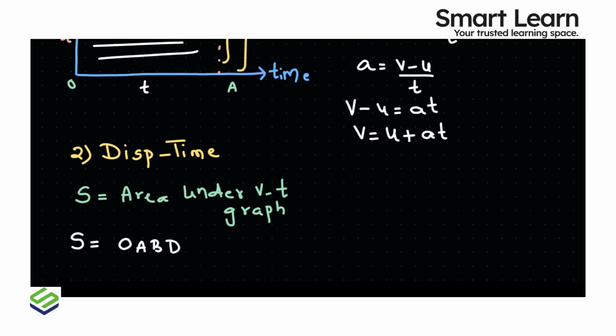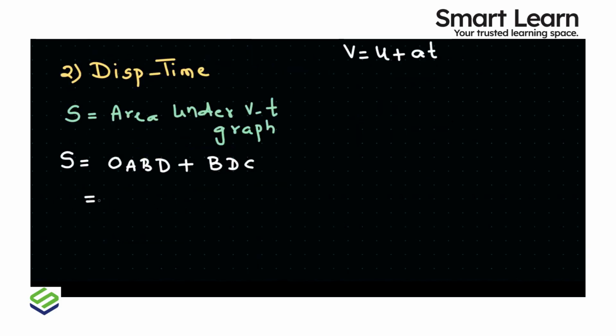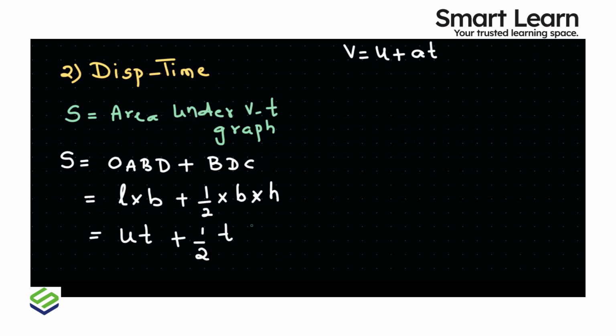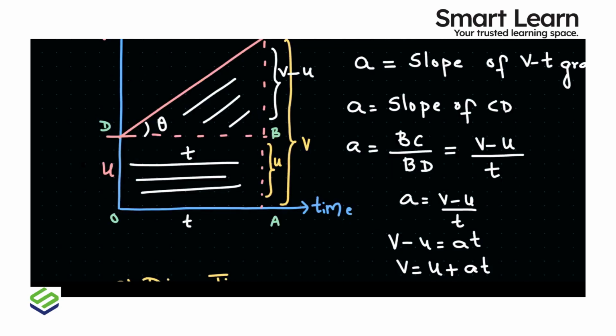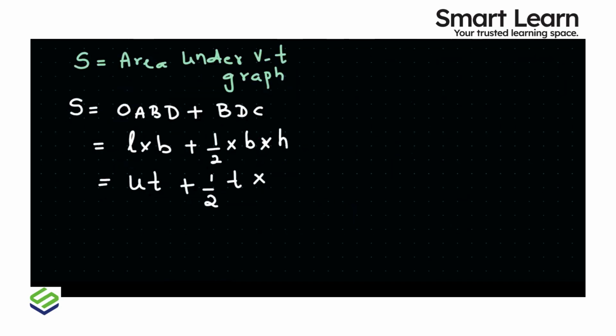We all know that the area of the rectangle is length into breadth, and the area of the triangle is half into base into height. So from the diagram, you will get L into B as U into T, plus the base of the triangle is T, and the height of the triangle is BC. What is the height of the triangle BC? V minus U. And we know that V minus U is AT. So when you simplify, you will get S is equal to UT plus half T into AT, that is half AT square. So this is the second relation where final velocity is missing.